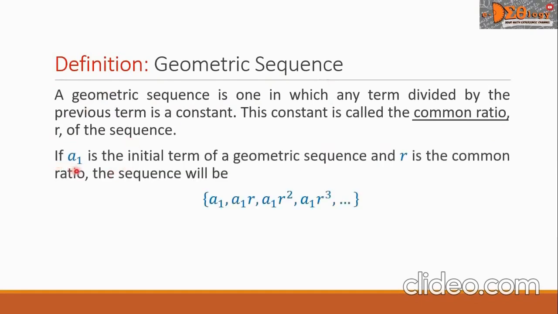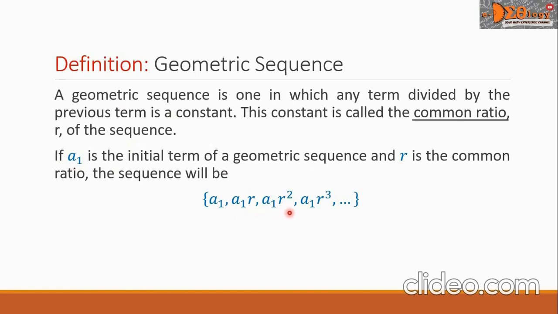If a sub 1 is the initial term of a geometric sequence and r is the common ratio, the sequence will be like this. The first term is a sub 1. The next term, we will multiply a sub 1 by the common ratio. So we have here a sub 1 times r.